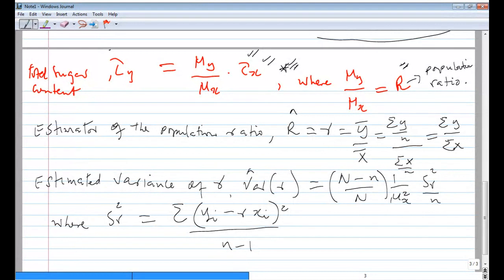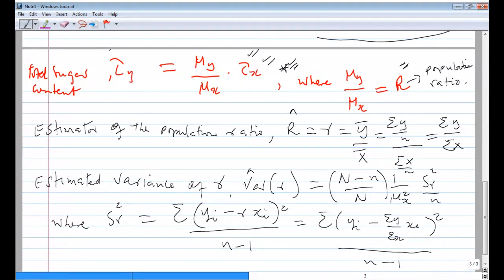Okay, this is the sample variance under ratio estimation. Summation of yi minus r times xi all squared divided by n minus 1, which is also equivalent to the summation of yi minus summation of y over summation of x, times xi, all squared divided by n minus 1. So we can use this one or that one.